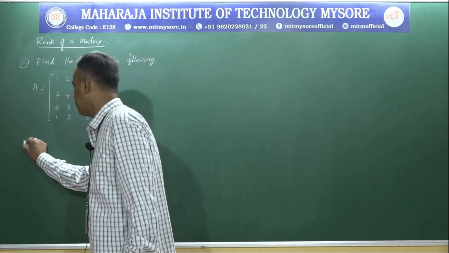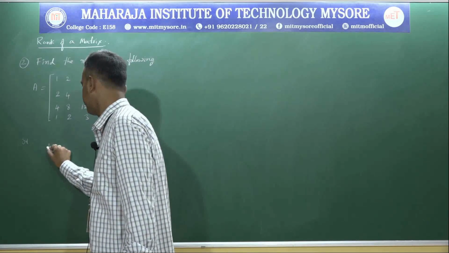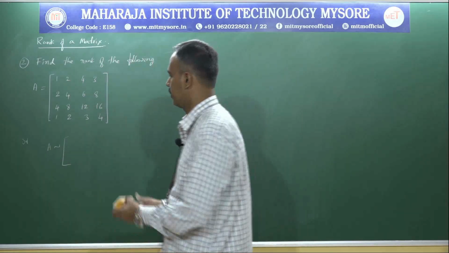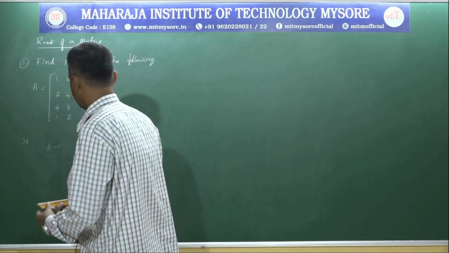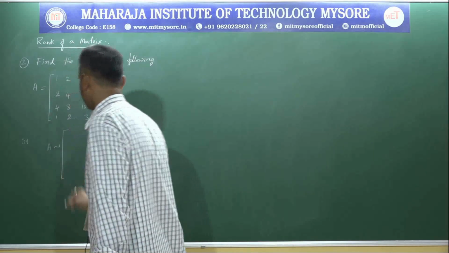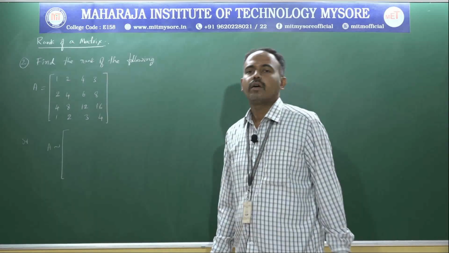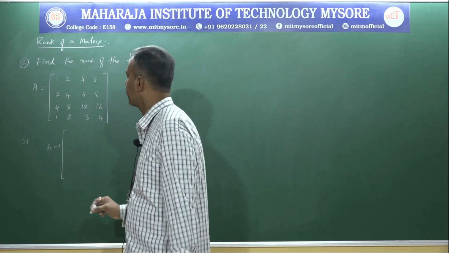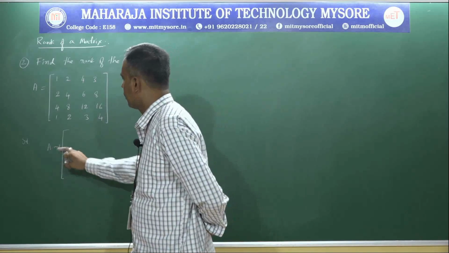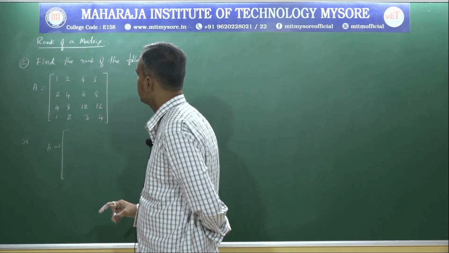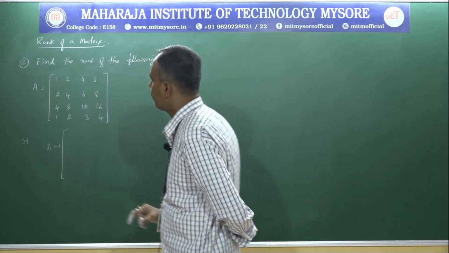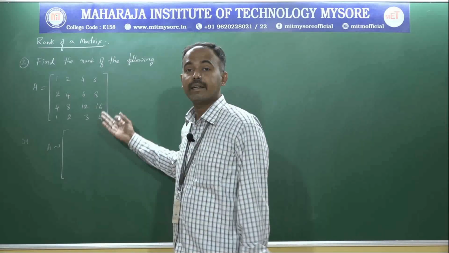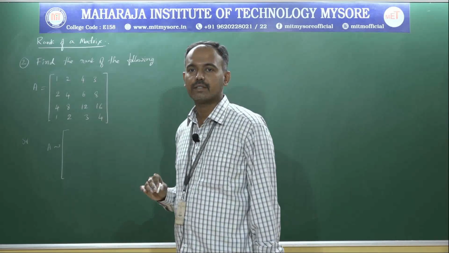Now the next one we consider as S. The first observation: the given matrix A is not in the echelon form.